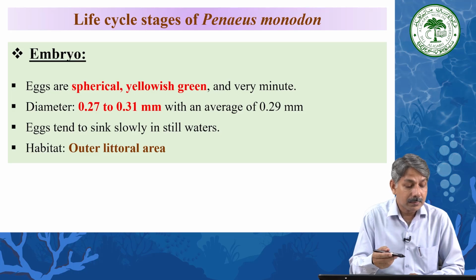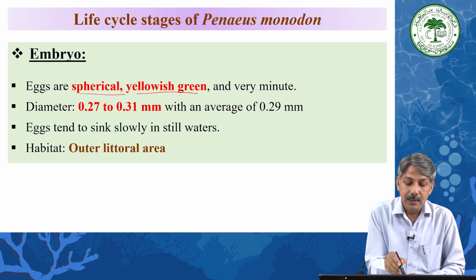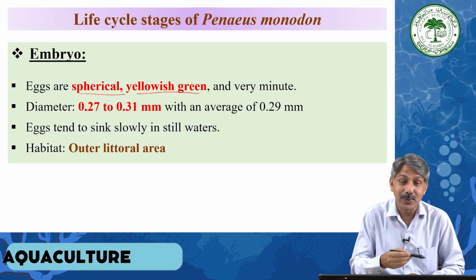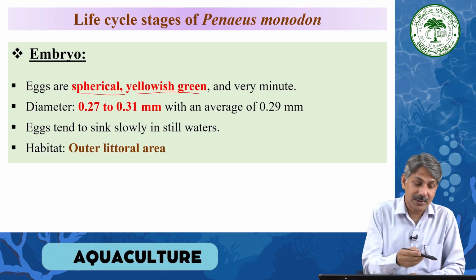Now, the eggs of Penaeus monodon are spherical, yellowish green, and very minute, because these are considered highly fecund. I will tell you later in the slides that they lay a large number of eggs.